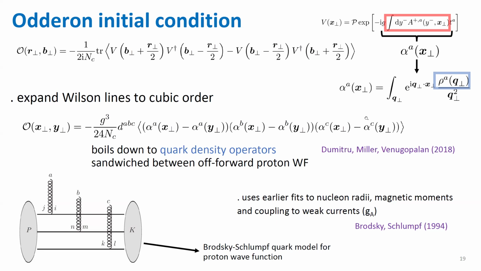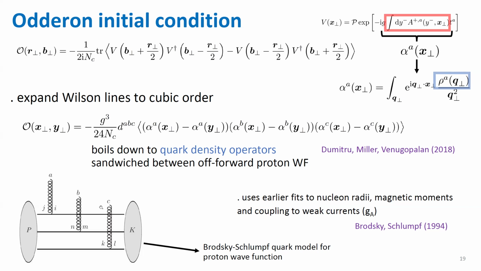Then at small x, these are small x gluons, and we can compute these operators at this level in terms of the Weizsäcker-Williams approximation, where they are basically sourced by quark density currents. And then at this step, you have a cubic in these density currents sandwiched between the 2 proton states.